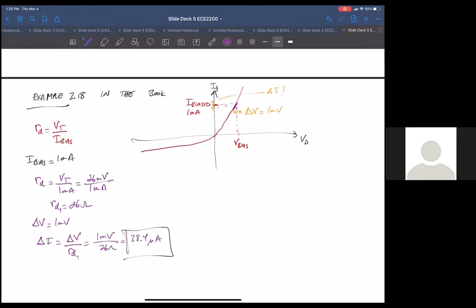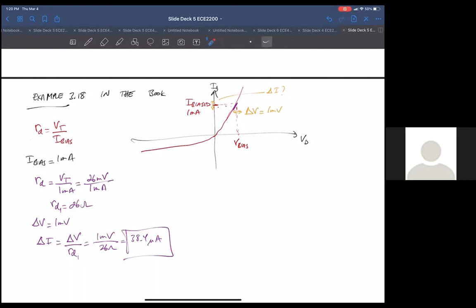Okay, so a pretty straightforward calculation. If I dared do 1 over 26 in my head, this certainly was easy enough to do in your head. And then you can easily get this 38.4 real quick.